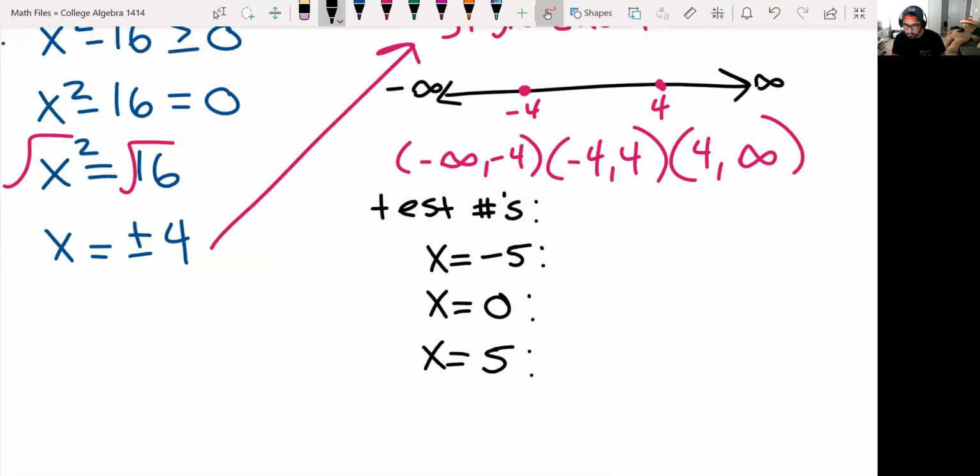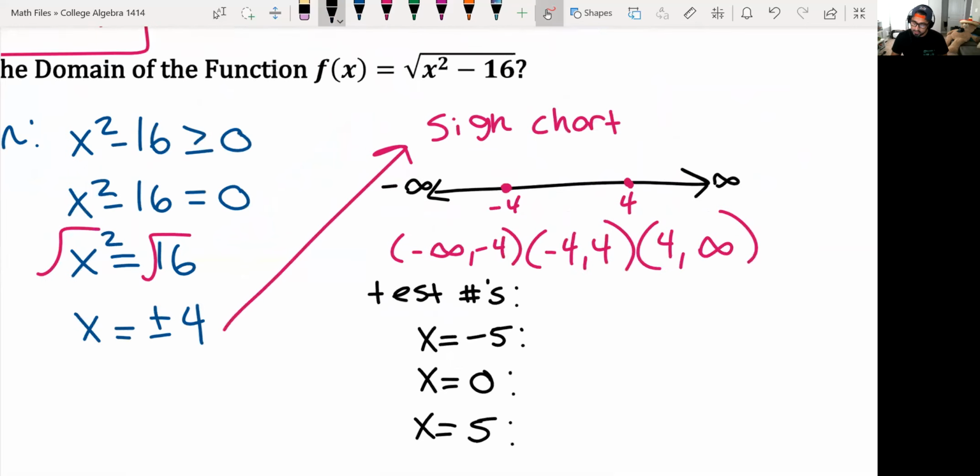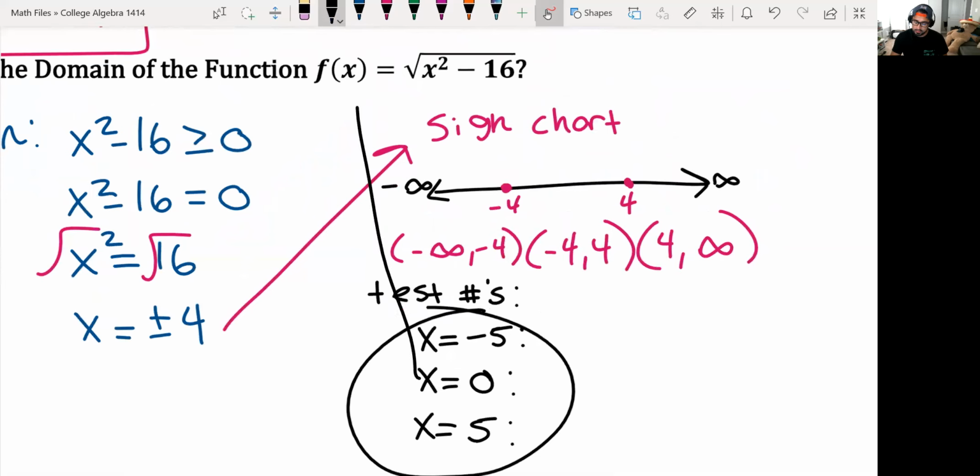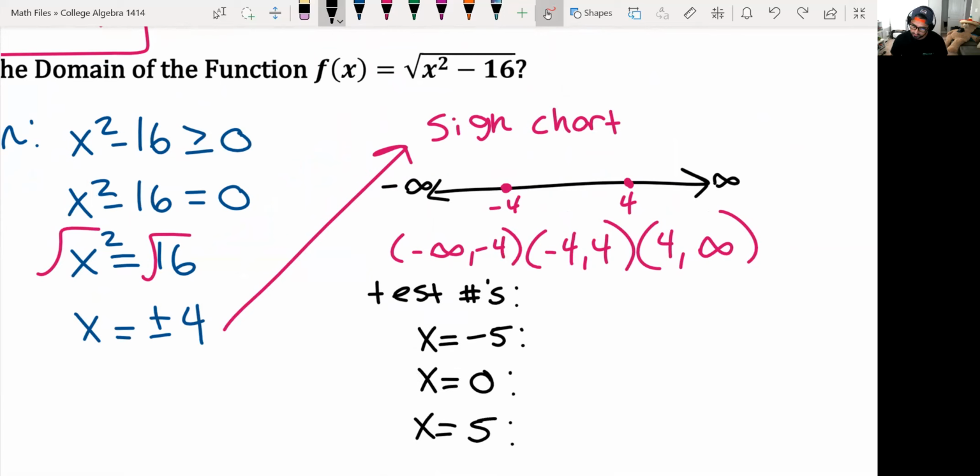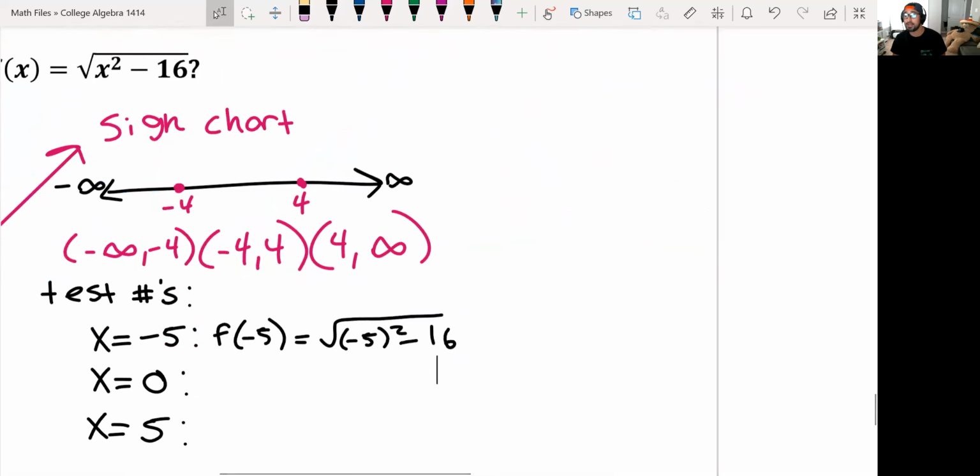Okay, so now we're going to take all these numbers and test them into the original function. So I'll get f of -5, which gives me the square root of -5 squared minus 16. This will give me the square root of 25 minus 16, which gives me the square root of 9.